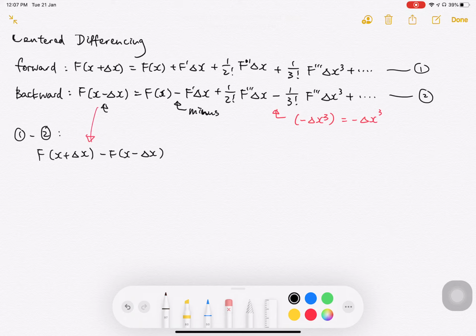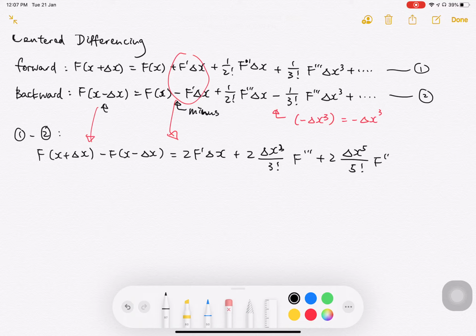So we have this, and then equals to 2, because we are doing the minus. We take these out. So you can see that only the odd terms are left.